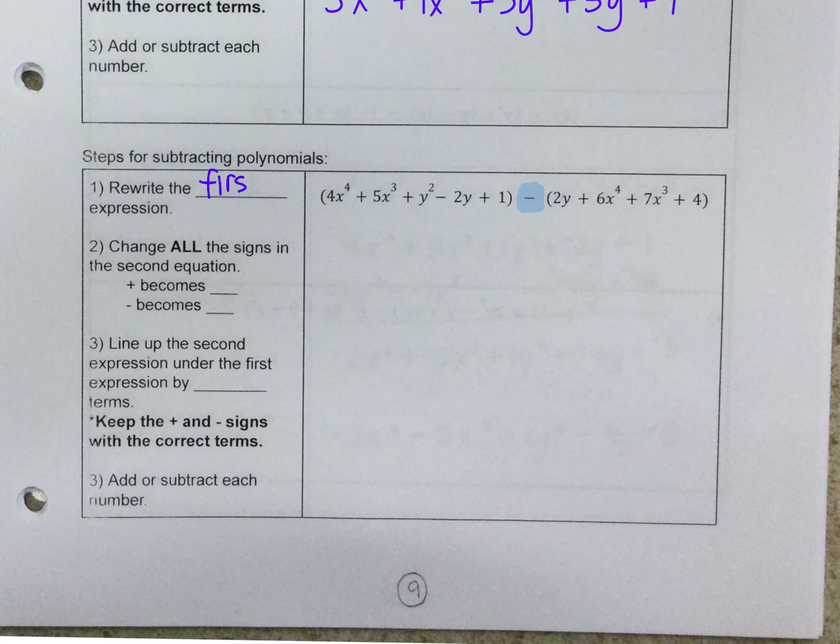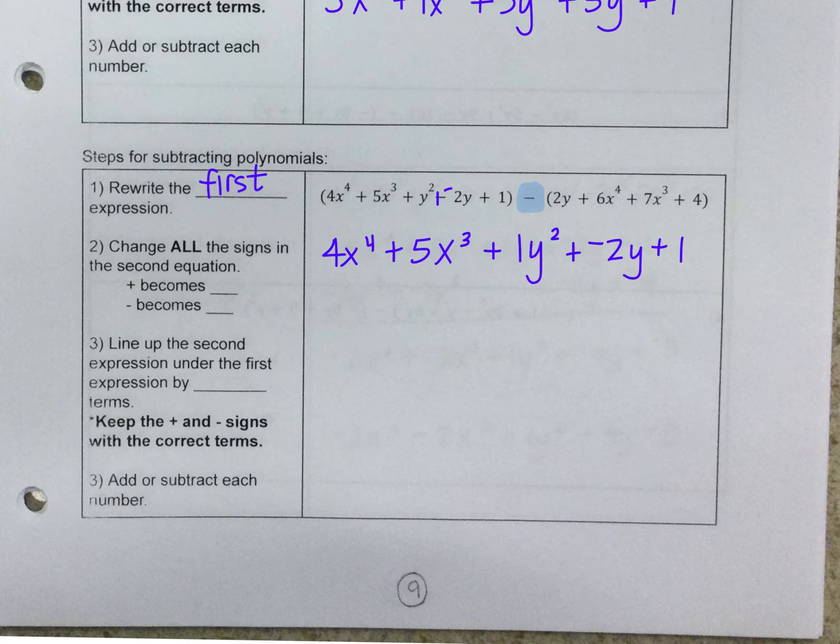Rewrite the first expression. 4x to the 4th plus 5x to the 3rd plus 1y squared plus negative 2y plus 1. All right, that was step 1.